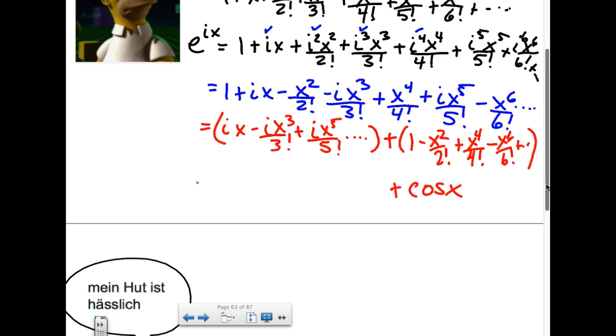Right? What's this? If I were to factor the i out, ding, ding, i sine x. So I've got i sine plus cosine. That's what e to the ix is.